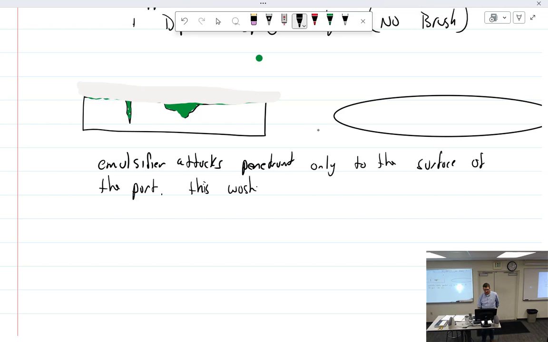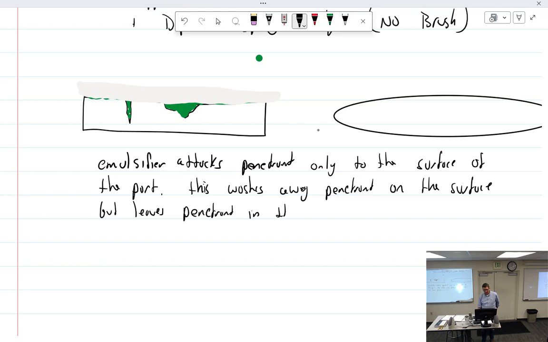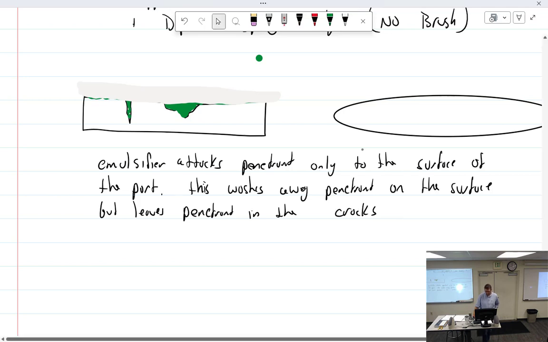This washes away penetrant on the surface, but leaves penetrant in the cracks, discontinuities, if you will. More sensitive than method A.